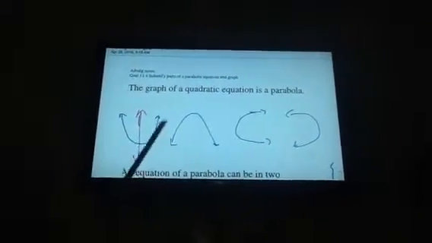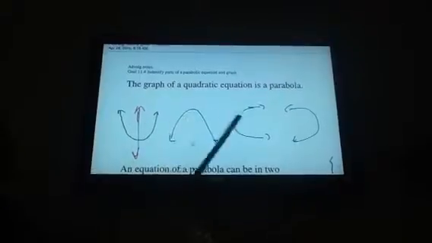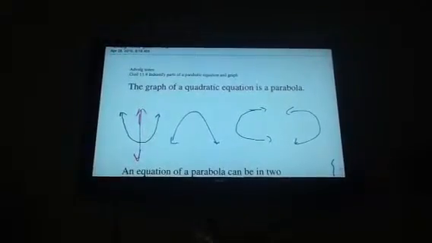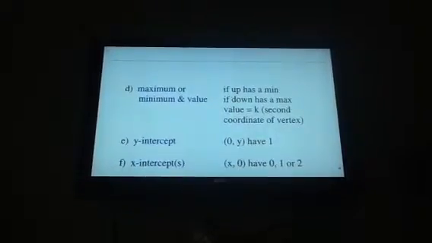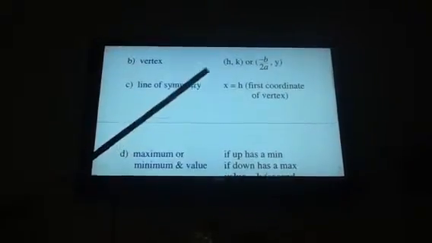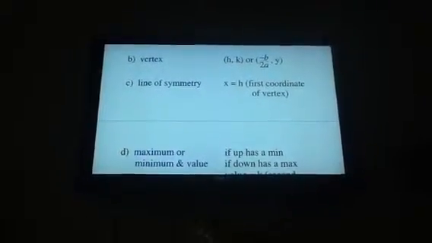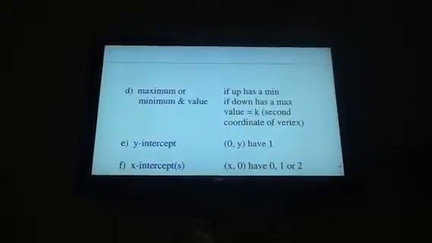And if it opens down, it's going to have a maximum value. It can't go any higher, but it's going to keep going lower. So you have to tell me, does it have a min or a max, and what is its value? The value is going to be the y value of the vertex. So that vertex gives you 2 more pieces of information. The min or max is always working with y's.